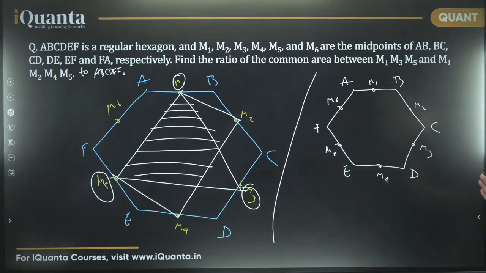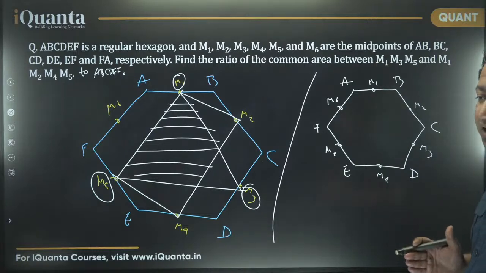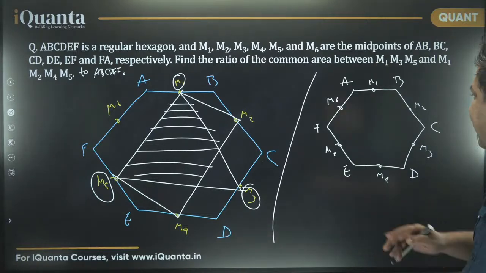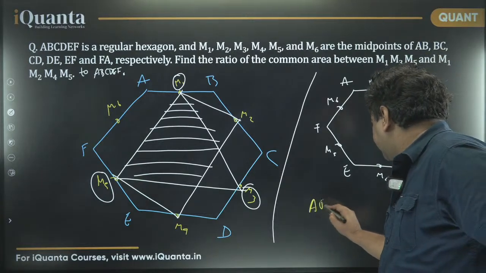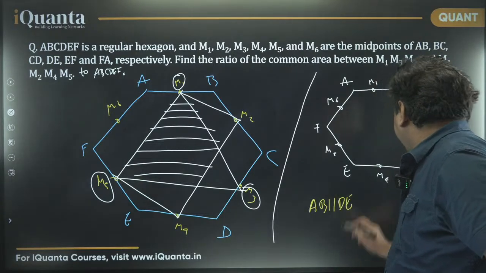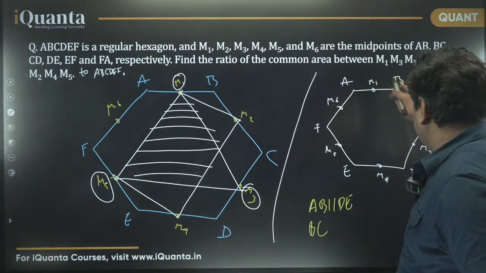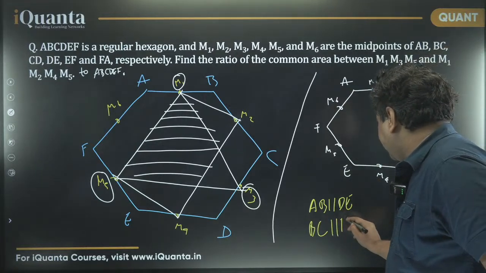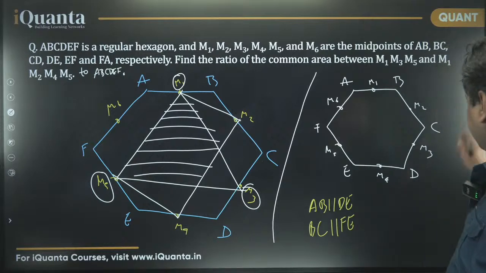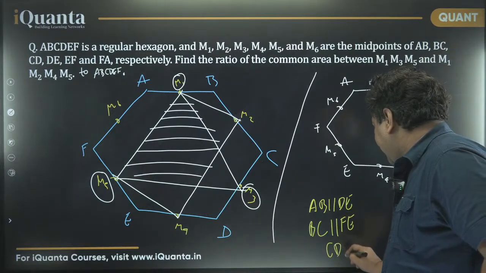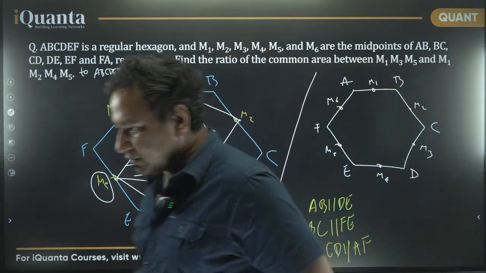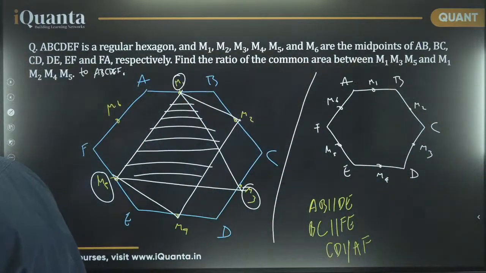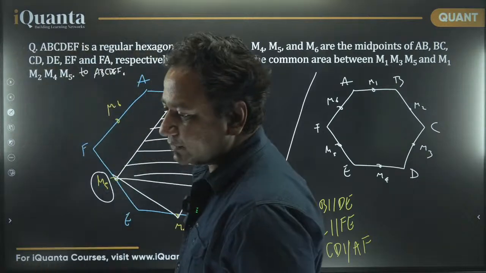A regular hexagon is nothing but a combination of 3 pairs of parallel sides. Let's say AB is parallel to DE. BC is parallel to FE, or EF, whatever you say. And CD is parallel to AF. Yes or no? Is that right?